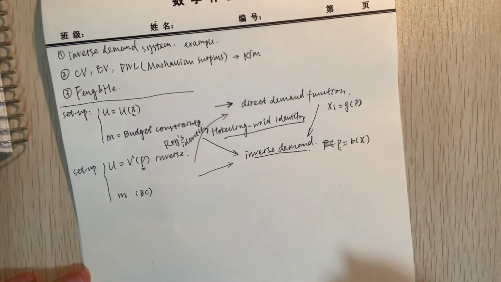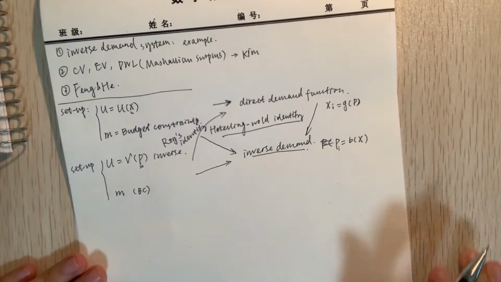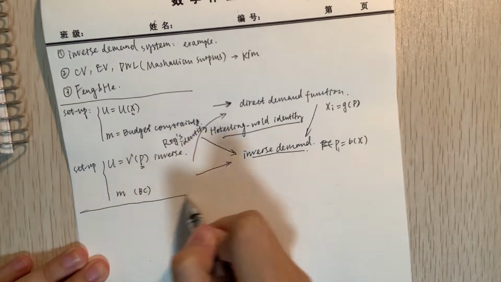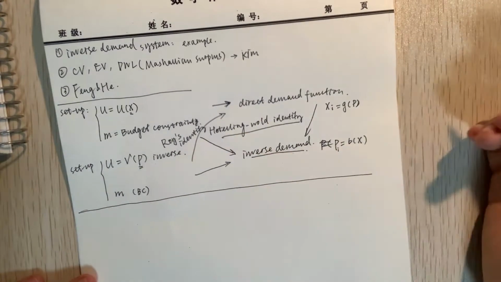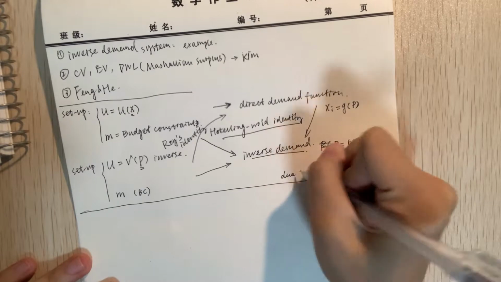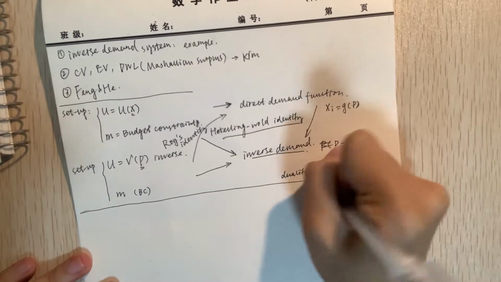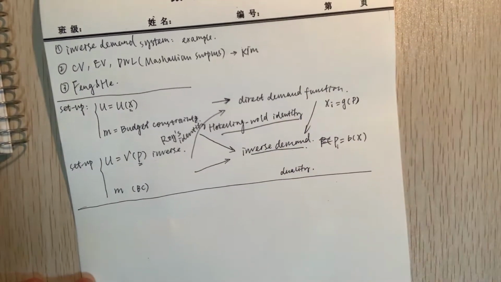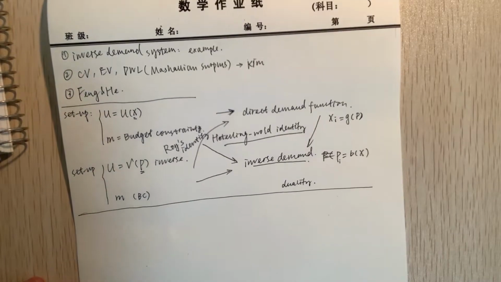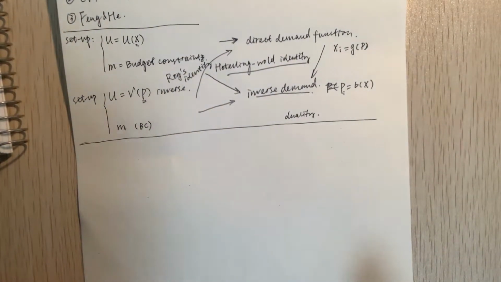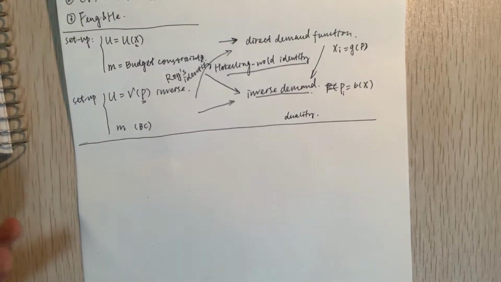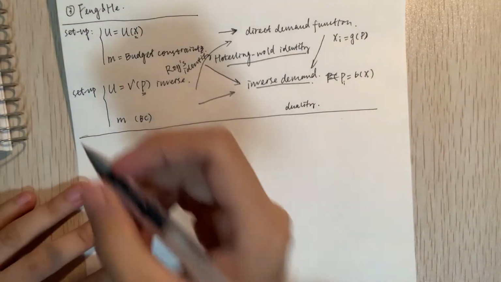So this is the simple layout of the first part of Kim's paper. It shows the duality between the demand function and the inverse demand function. And I will show this duality mathematically from our basic example.